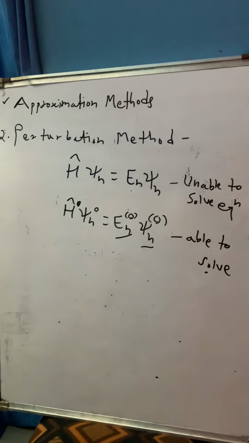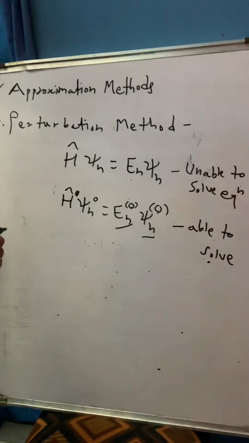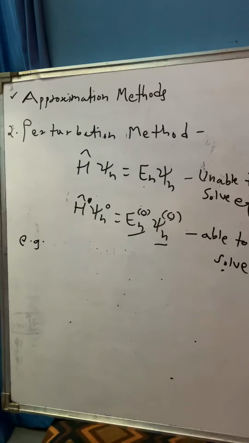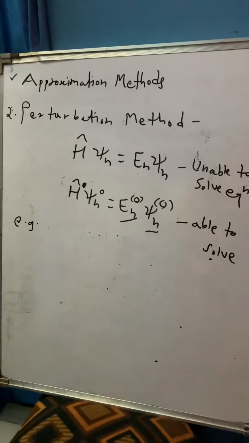Now we are going to see an example of this. The example is an anharmonic oscillator.